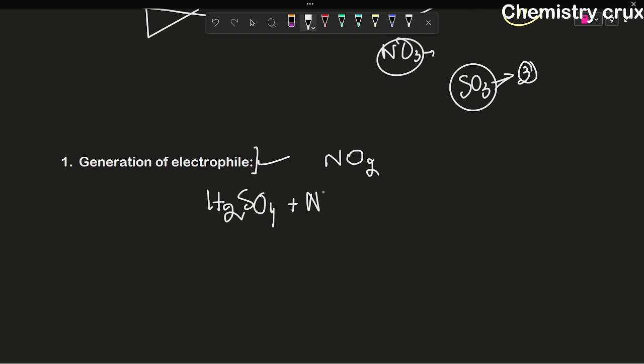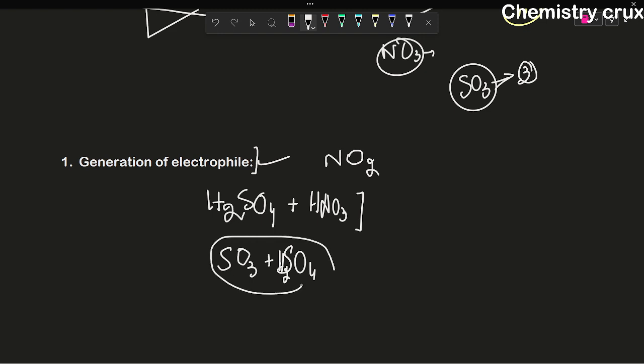This is called a nitrating mixture. This mixture will be taken when we say nitration of benzene. If we take sulfonation of benzene, we'll be taking SO3 plus H2SO4, fine. Now this depends upon the reaction that we are undergoing.